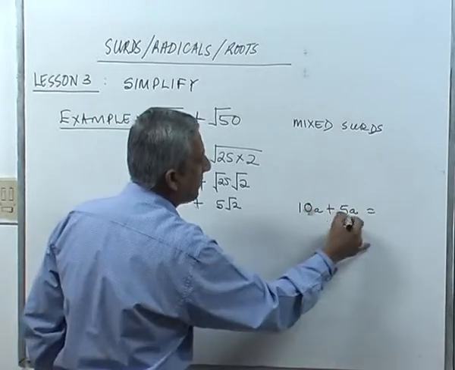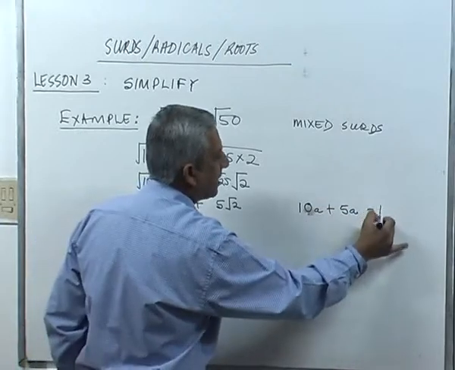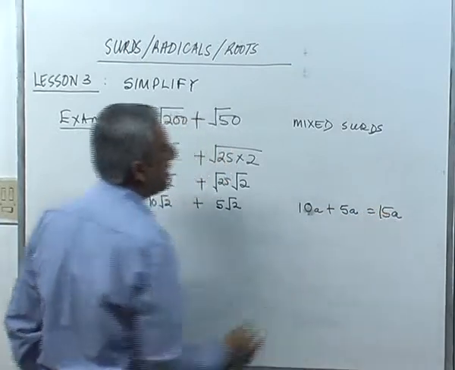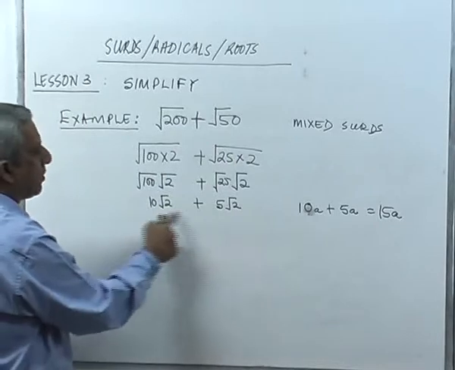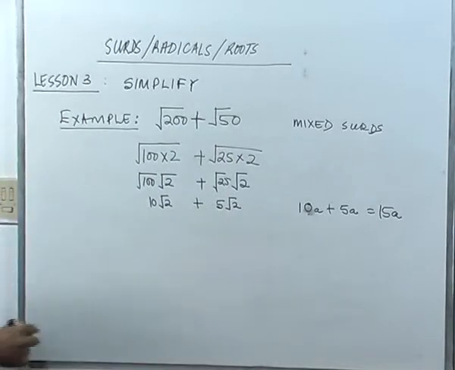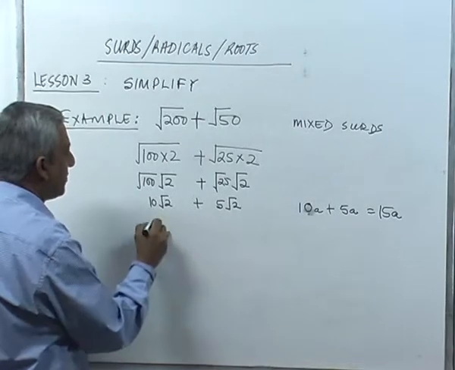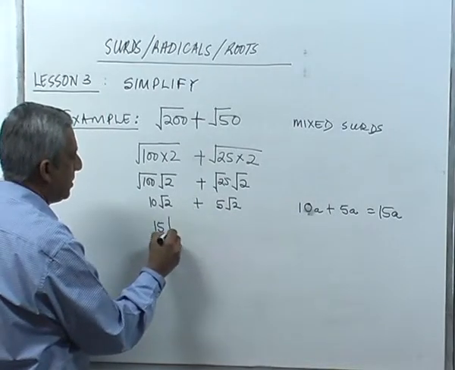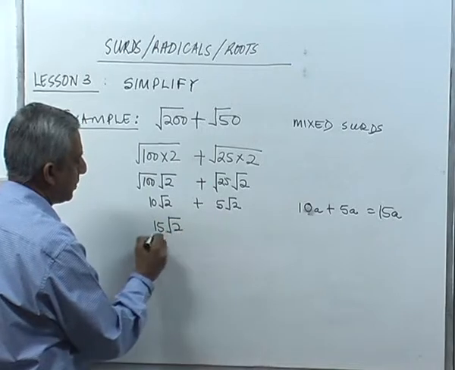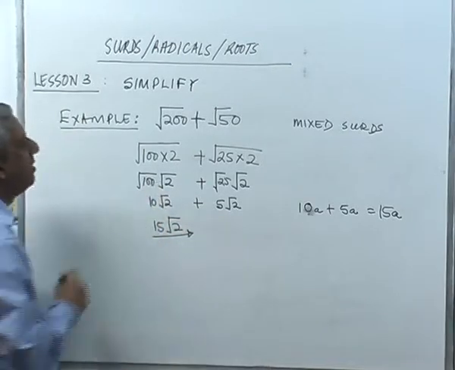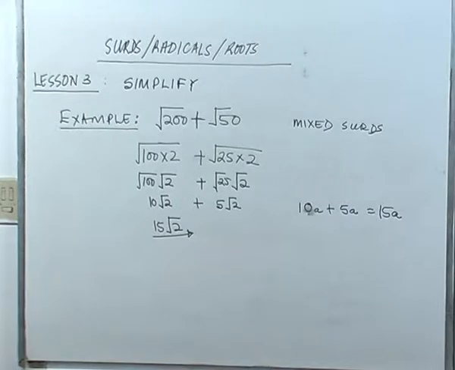If you add 10a plus 5a, these are like terms and you can add them and the answer will be 15a. Then in the same way, square root of 2, square root of 2, they are like terms and you can add them up, and 10 plus 5 gives you 15 root 2. So that's what we mean by simplify.